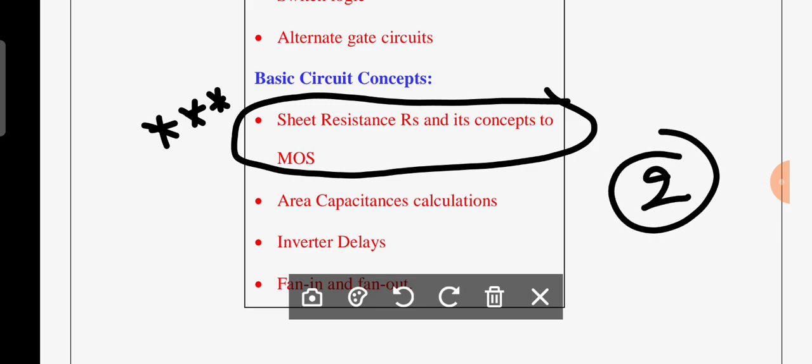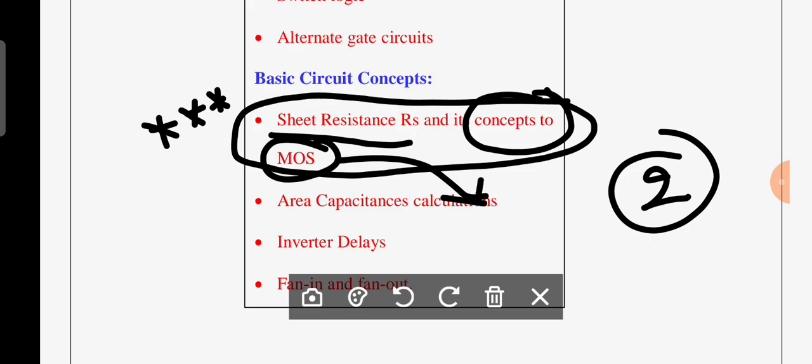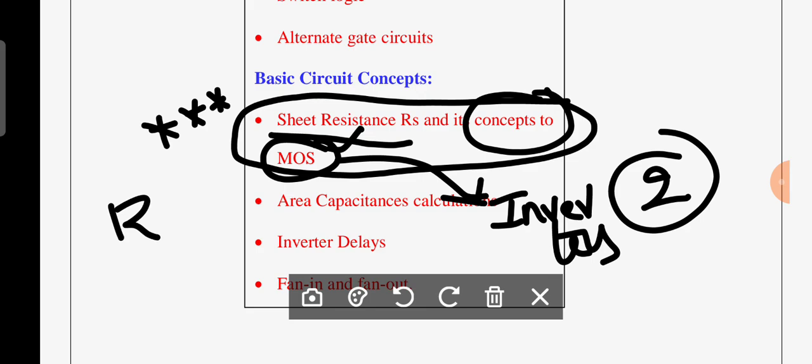We will talk about what is meant by sheet resistance and how this concept is applied to MOS transistor, and don't forget this concept should be applied not only to MOS transistor, we have to apply it for inverters also. Is it understood?